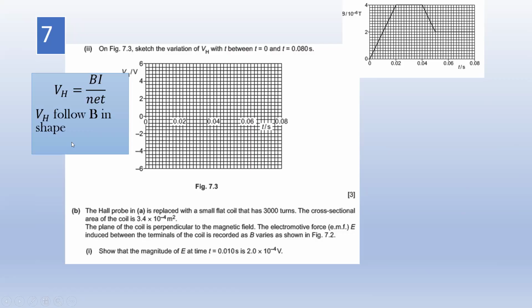It follows the same shape, except the magnitude is different. But we have calculated 5 volt. So remember that flat part and this flat part, the horizontal part, is 5 volt. It's the same, except the magnitude is different.